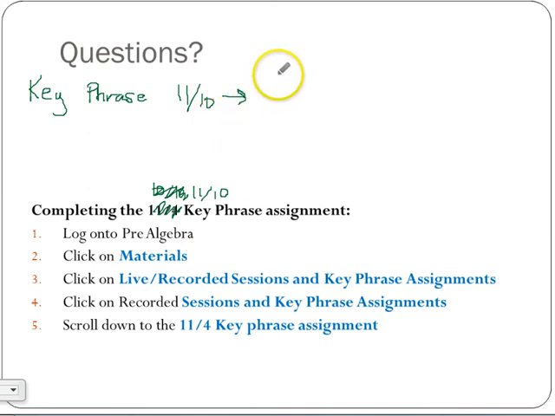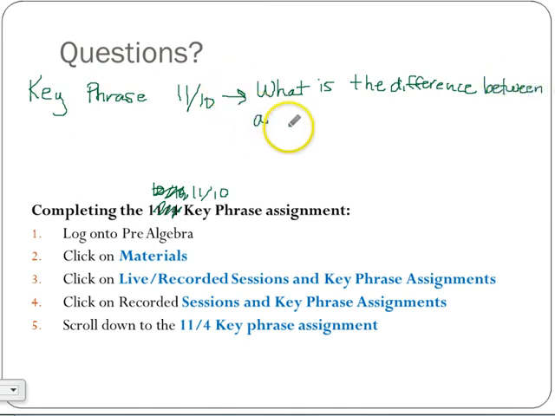And the question is: what is the difference between a trapezoid and a parallelogram? So tell me the difference between a trapezoid and a parallelogram.